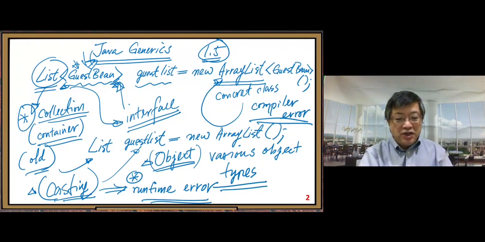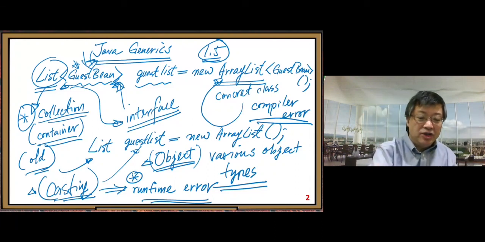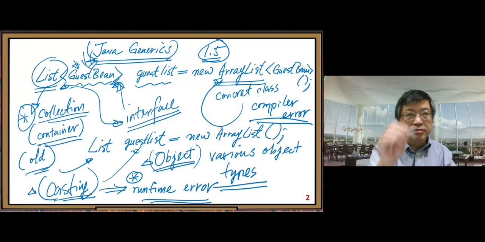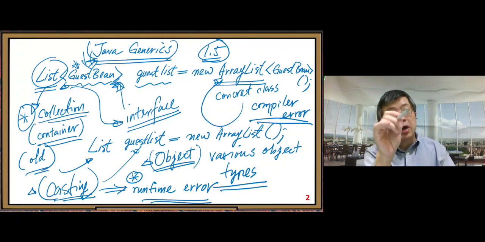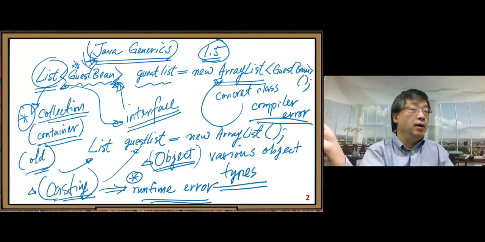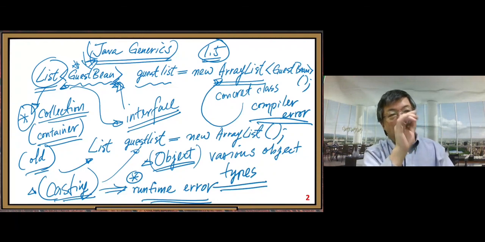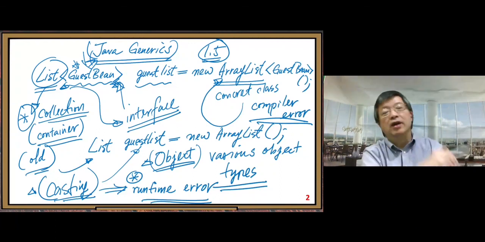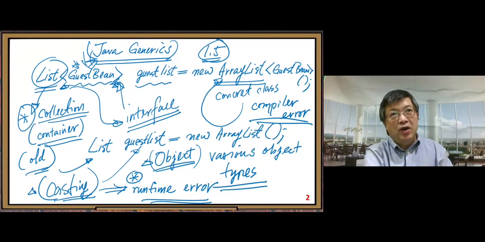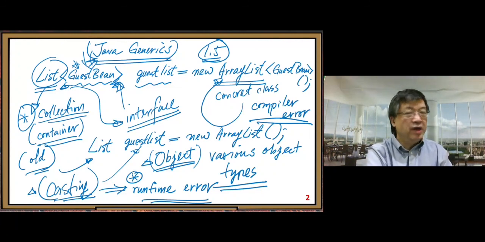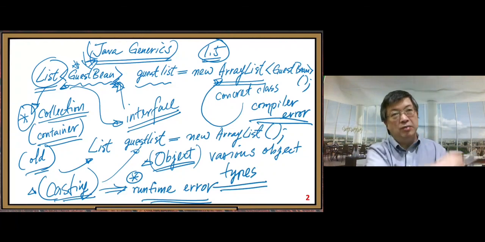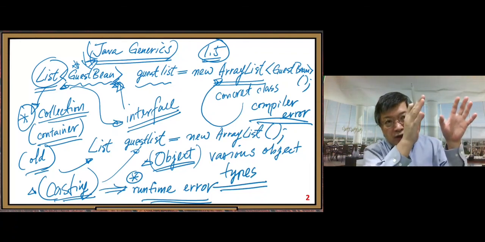Let me summarize the idea. Java generics basically converts runtime errors to compile errors. For us programmers, it makes our life easier. We don't need to try to fix runtime errors. We can avoid the complexity caused by many different types of objects in the same collection object, and we use it in a safe way.